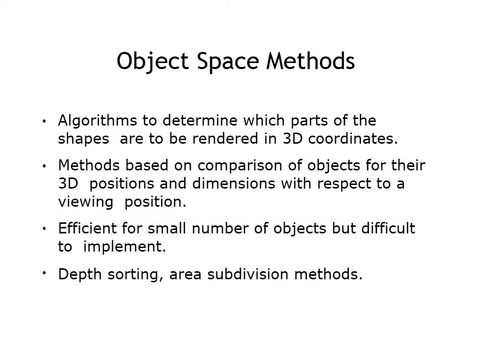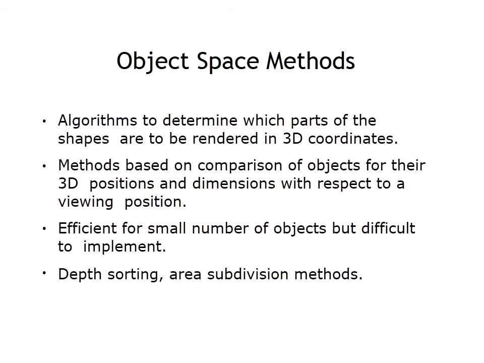We have many objects defined in 3D space, and their positions and dimensions can be defined in various ways. It is sufficient for a small number of objects but difficult to implement, because they are very difficult to show on pen and paper. Examples are depth sorting and area subdivision methods.